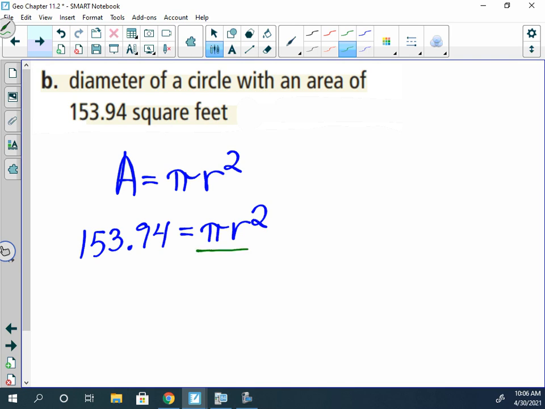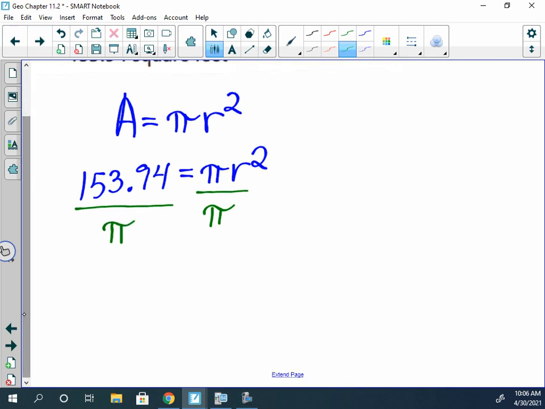And then we can divide both sides by pi, because pi divided by pi will simplify down, leaving us with just r squared. Now the other side we have 153.94 divided by pi.